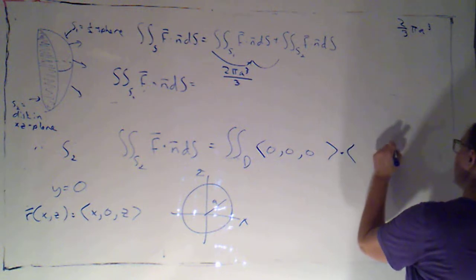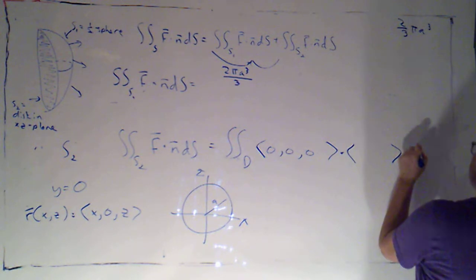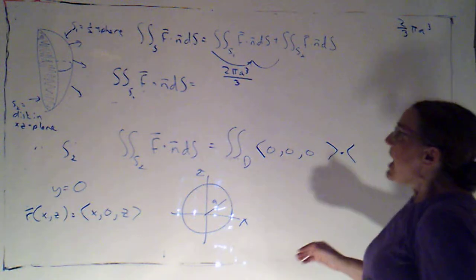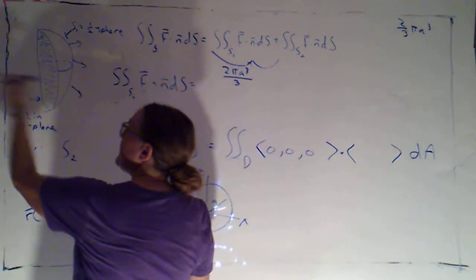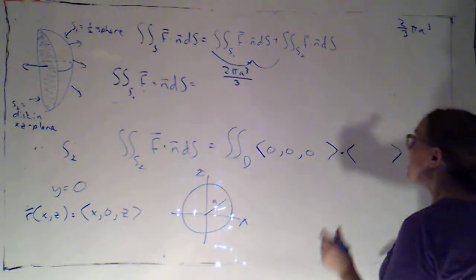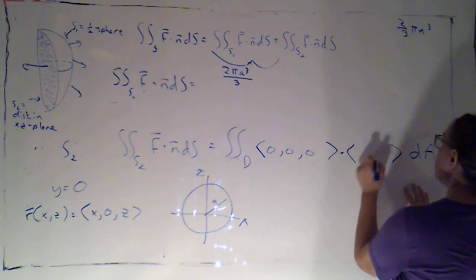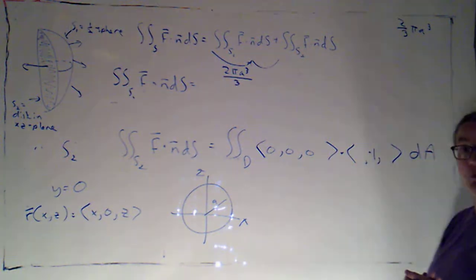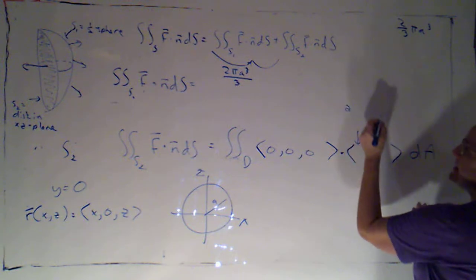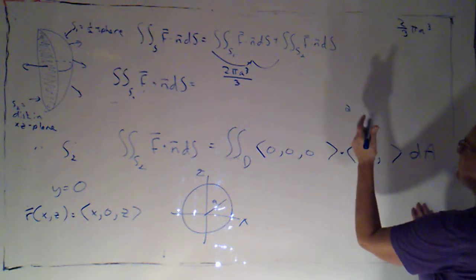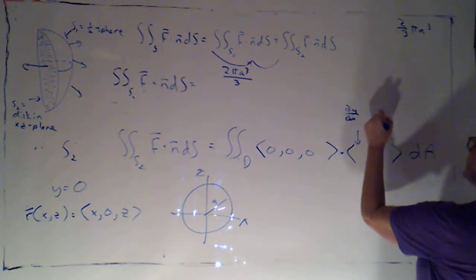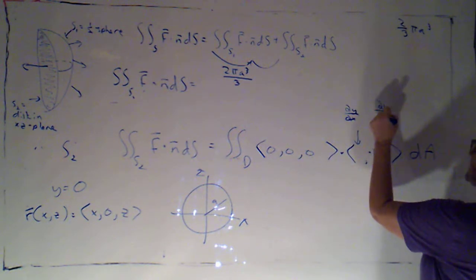dotted with, and I am going to just take the time to write out what we're getting. This I would want to be oriented so that we're pointing leftward. So I would want the y component here to be -1. If I have a -1 here, then what goes here is the partial of y with respect to x, and what goes here is the partial of y with respect to z.